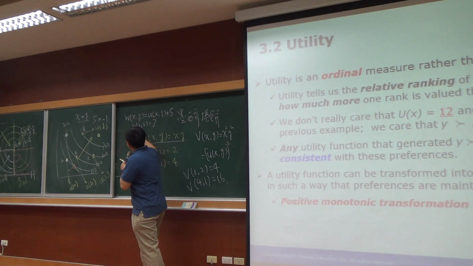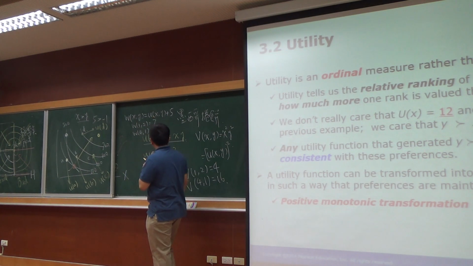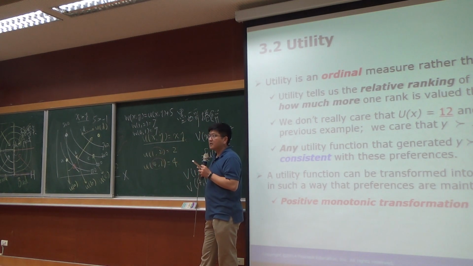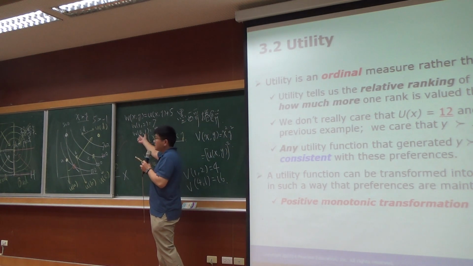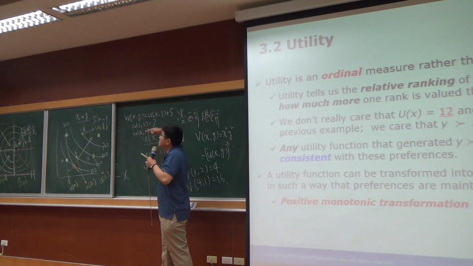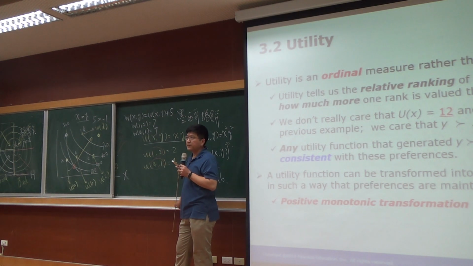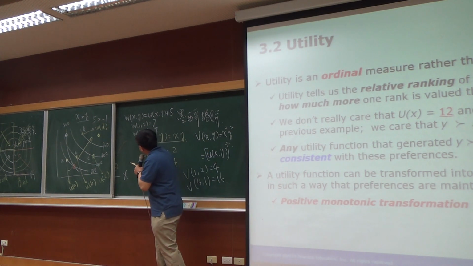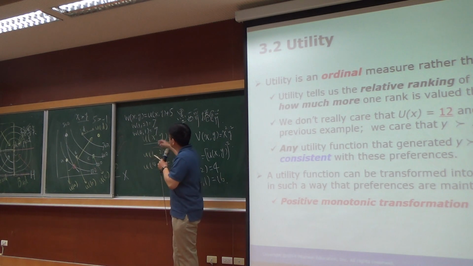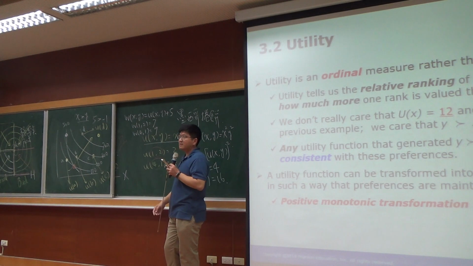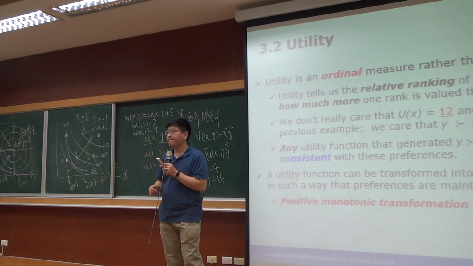And W41 equals 9. Still, the utility level of this bundle is higher than the bundle 1, 2. So still, we prefer 4, 1 to 1, 2. This kind of utility function is fine. It's okay. It's adopted.